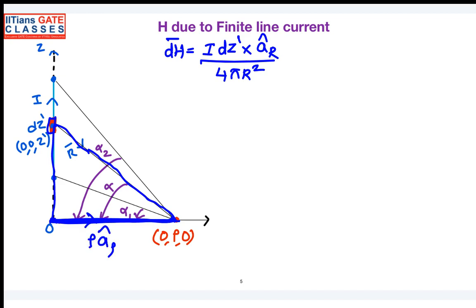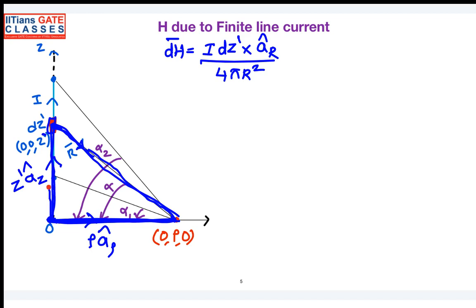Similarly, when I was moving from here to here, the current element is located at 0, 0, z prime, so this vector I can call z prime into a_z cap. And from here to here, that means source to observer, I have called this r bar. So using the triangular law of vector addition, starting from here, z prime a_z cap plus the vector r bar is equal to rho a_rho cap.